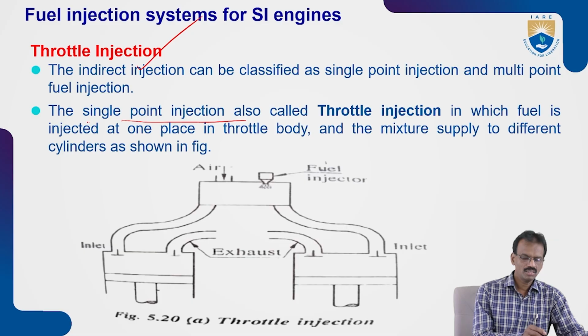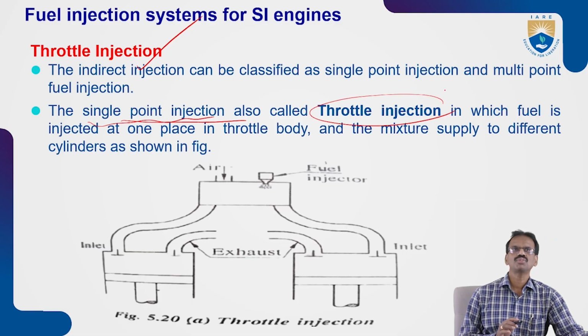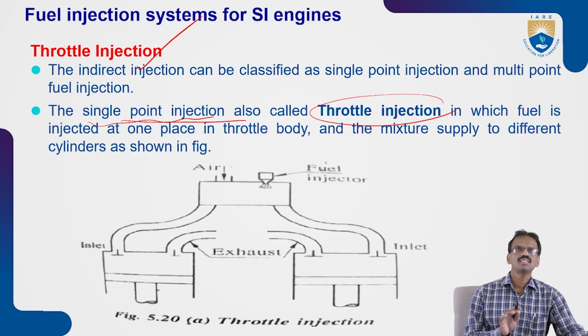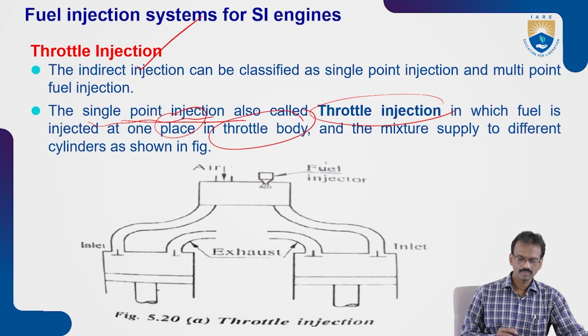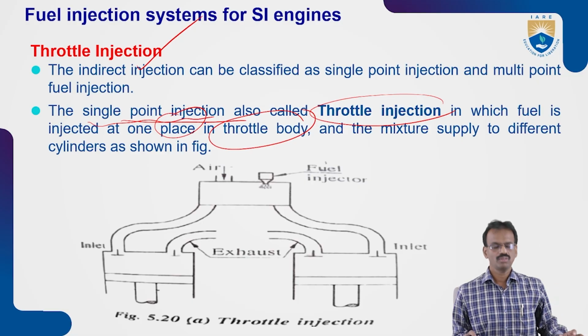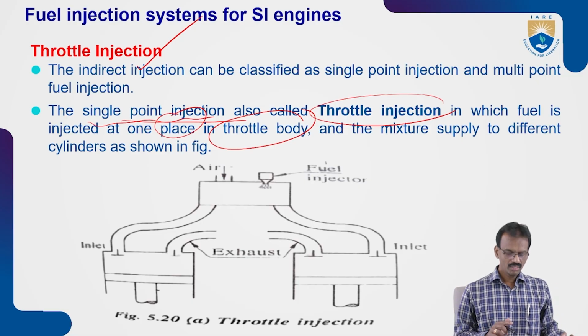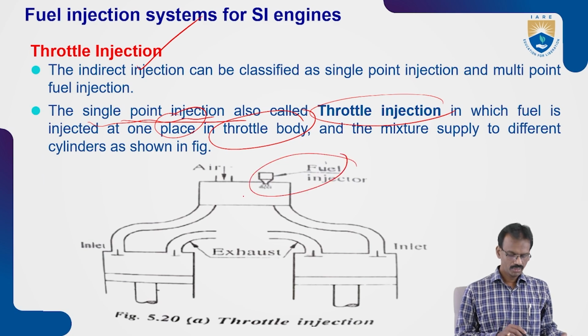The single point injection system is nothing but the throttle injection system, in which the fuel is injected at one place in the throttle body. Throttle body means the inlet to the manifold body. In that inlet manifold the fuel is injected like this, for the two cylinders.